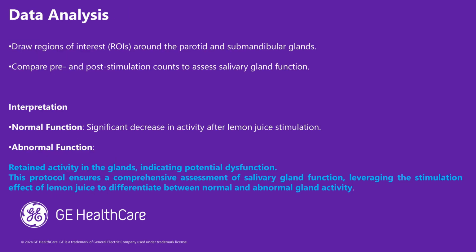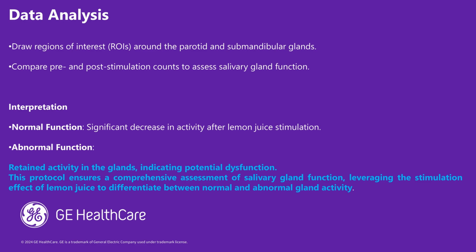The next step is data analysis on the workstation. We have to draw the ROIs around the parotid and submandibular glands, and then compare the pre and post stimulation counts to assess the salivary gland function. For the interpretation of the quantitative data, it could be normal or abnormal.